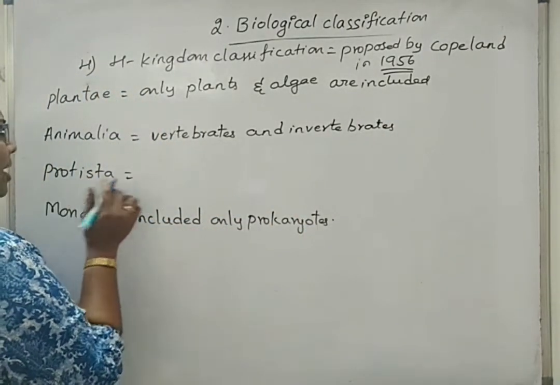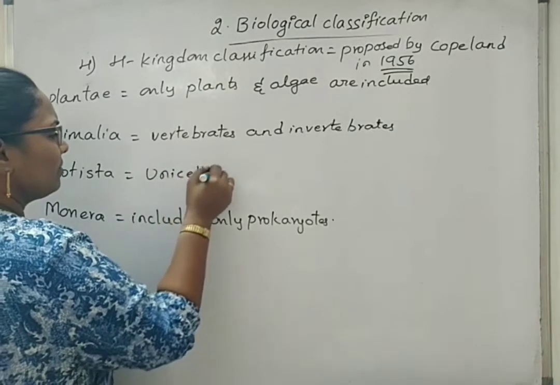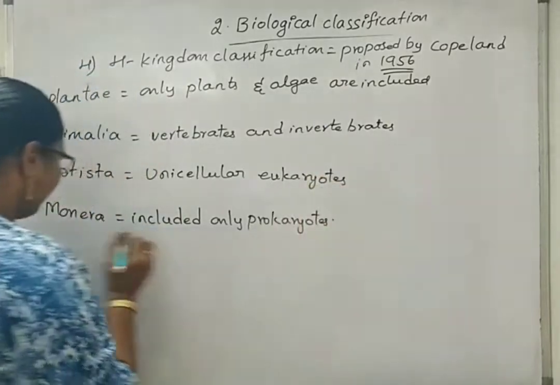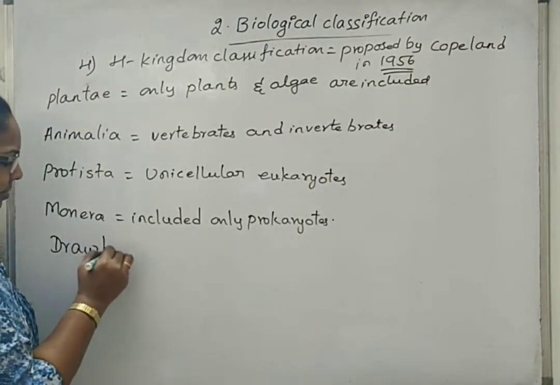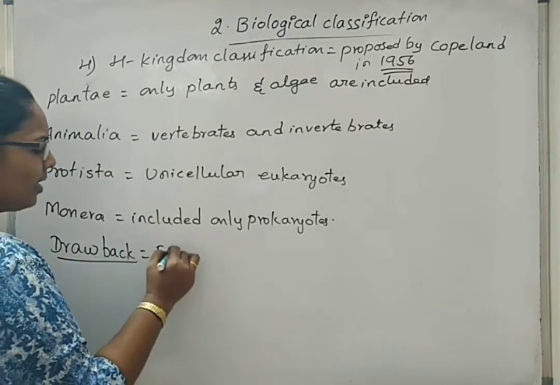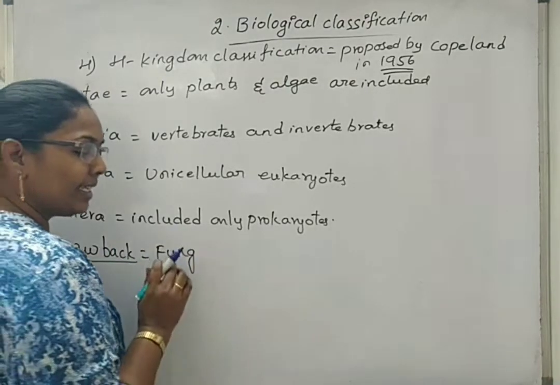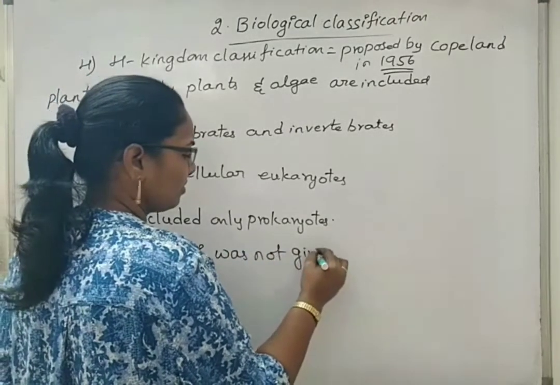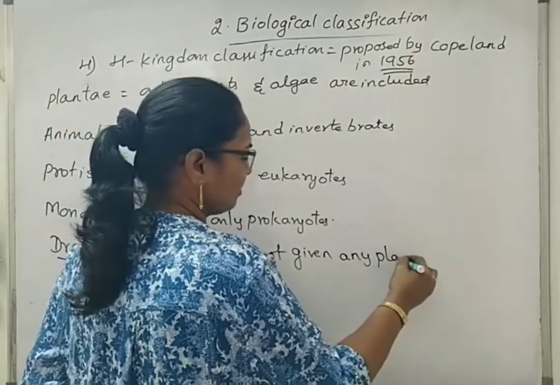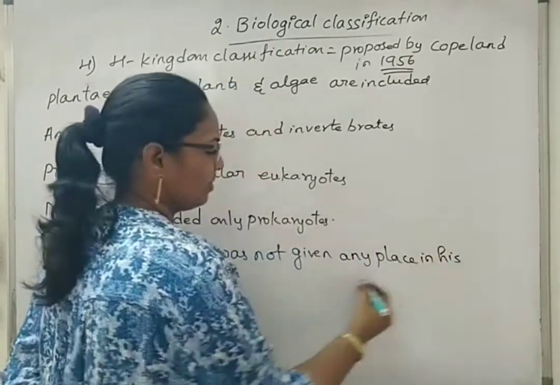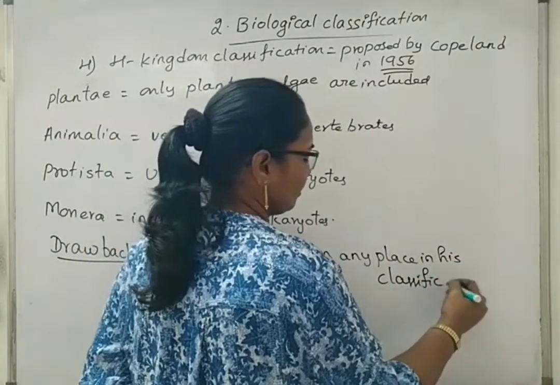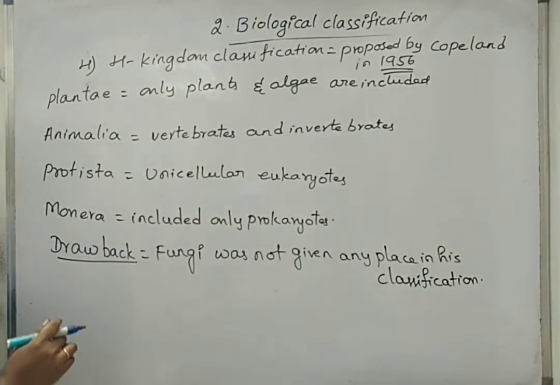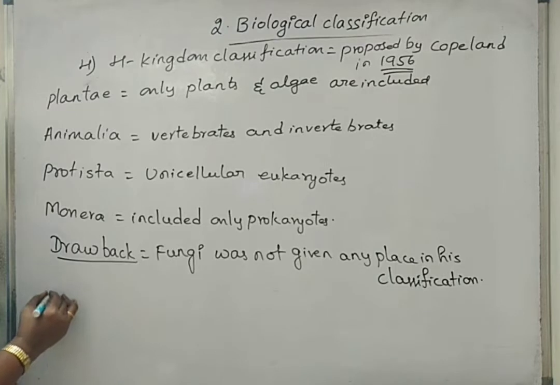Next, under Protista, unicellular eukaryotes are included. Here also there is one drawback. Fungi are not given any category or place in his classification. This is considered as one of the major drawbacks of his concept on classifying the organisms.